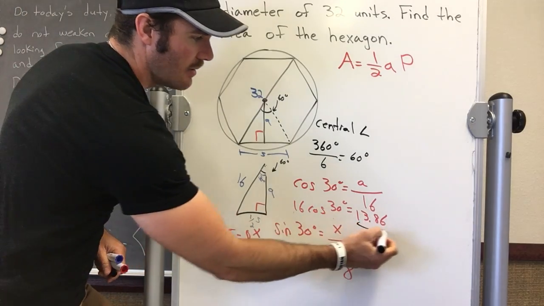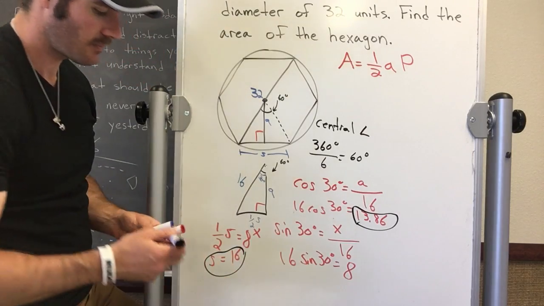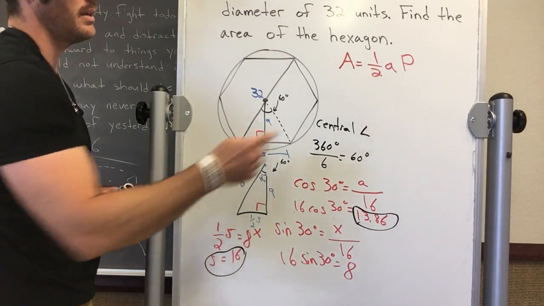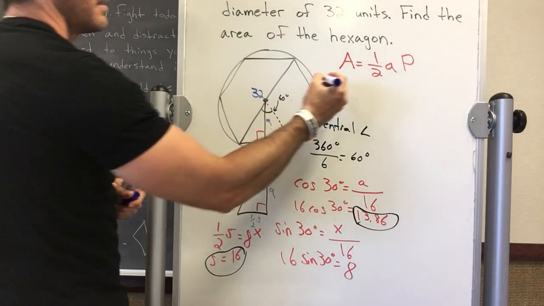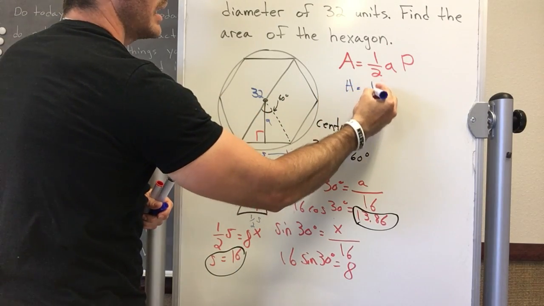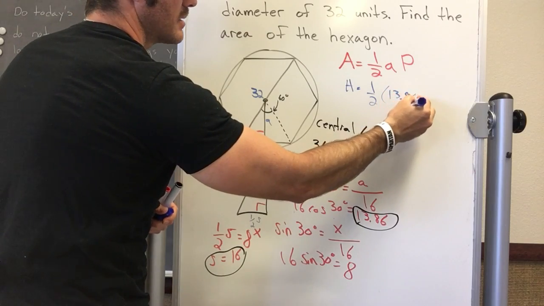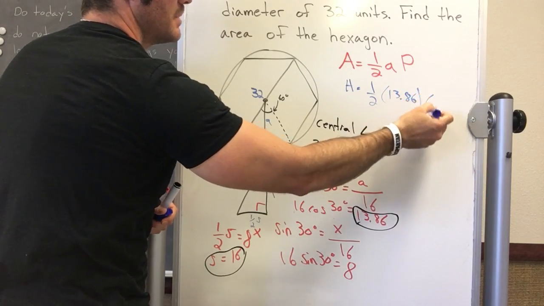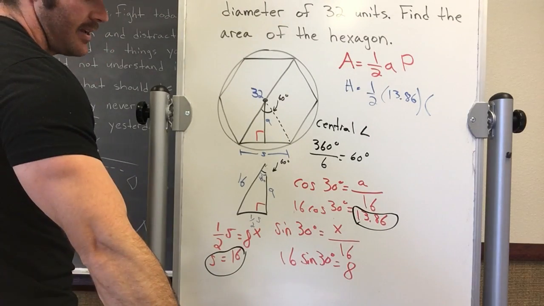We have our A, and we have our S. So let's plug it in. Our area equals half times A, which is 13.86, times capital P. Capital P is NS.